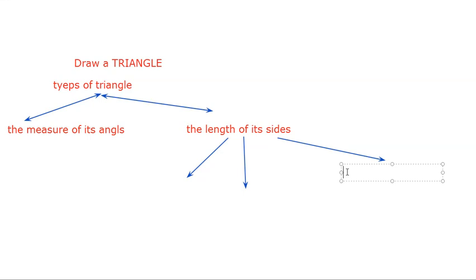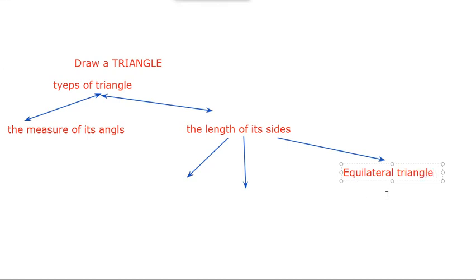The angles or the sides? No, the sides. We want to classify the triangle according to the length of each side. Equilateral. Exactly. And what do you know about equilateral? All sides are equal. Very good.